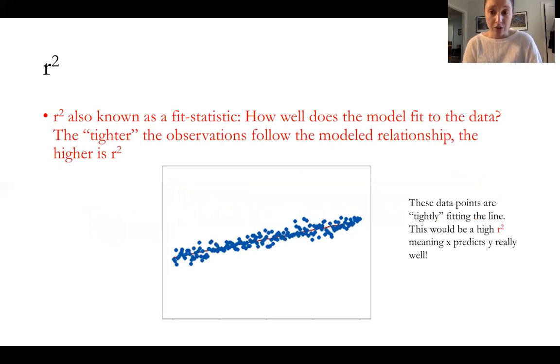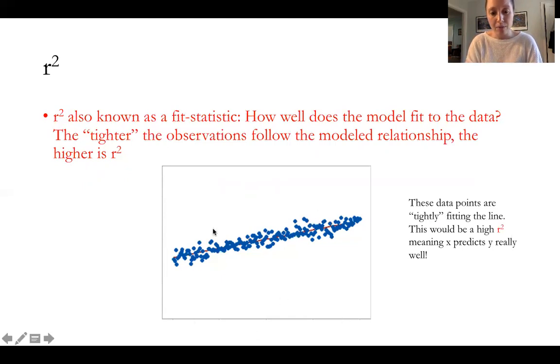An R-squared is also known as a fit statistic. How well does the model or that line fit the data, those dots? So the tighter that the dots are to the line means that they're following the observed relationship. That's going to give you a really high R-squared.